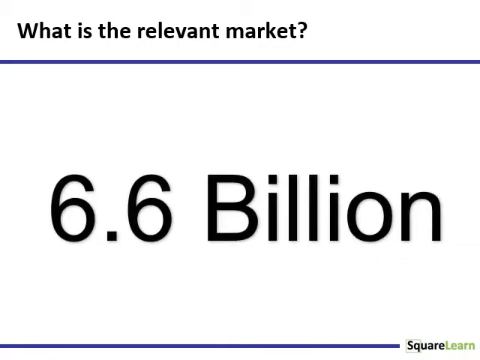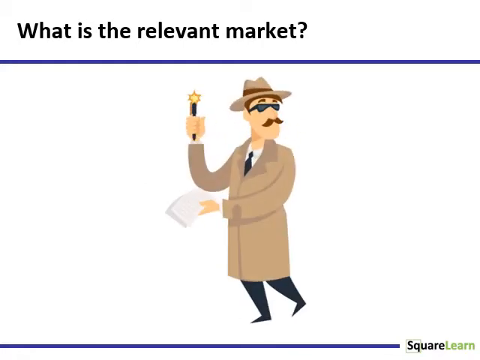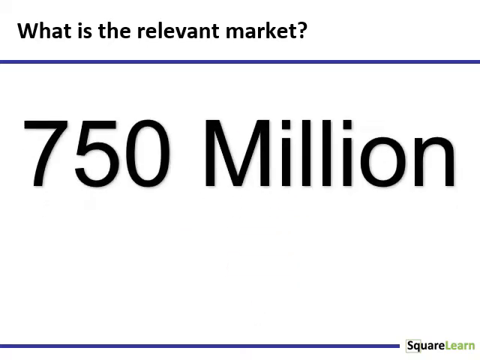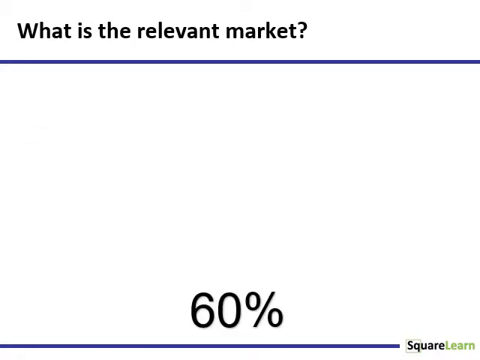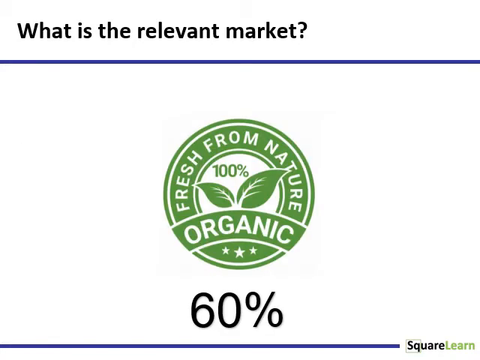But within that larger coffee market there were additional submarkets to investigate before arriving at my final relevant market. The gourmet coffee market accounted for 750 million, or 11% of the retail market sales. Within the gourmet coffee market, only 60% of the coffee sold had no artificial flavorings.